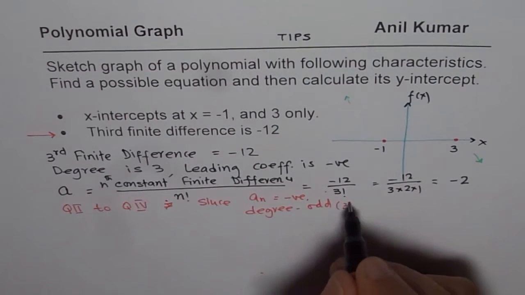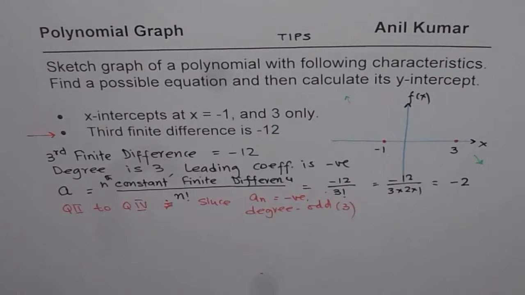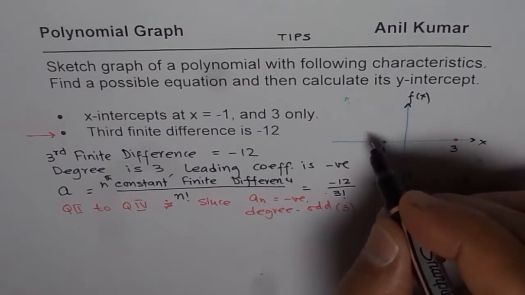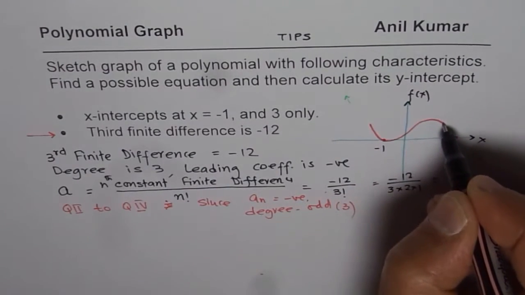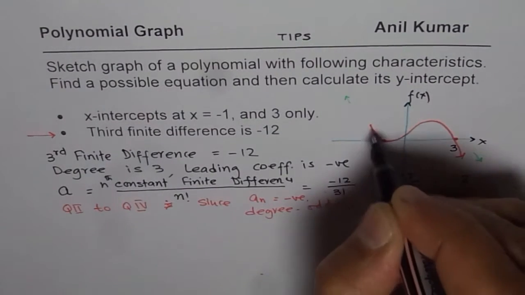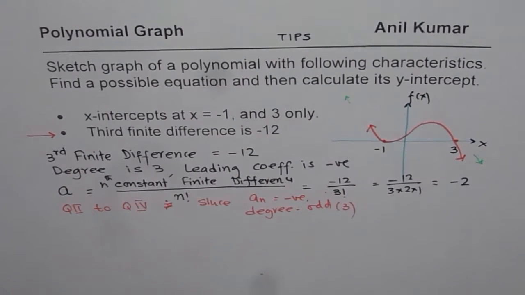Is it okay? So all this information we get from the third finite difference being -12. It's very, very important information. Now let's connect the dots. So the graph could be kind of like this, going from here like this and then coming down, right? So that could be one possibility.